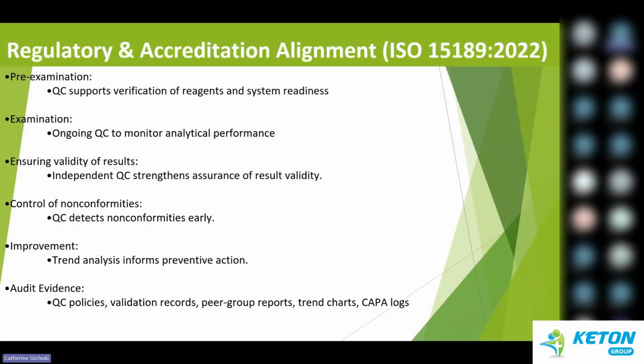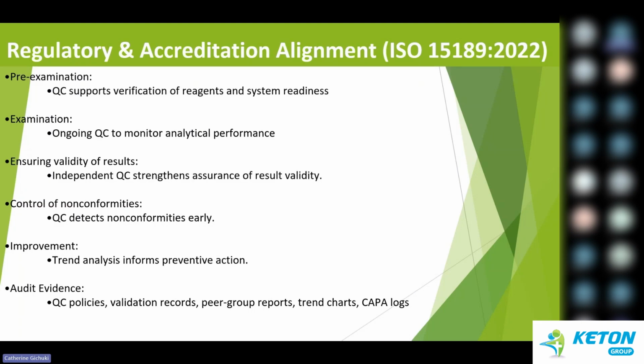Regulatory and accreditation alignment. Like Kevin started by saying, we want to see how third-party QCs, as we have seen during the gap analysis and interpretations of 2022, how the ISO, or the standard that is governing or guiding us, tries to advocate for the use of third-party controls.